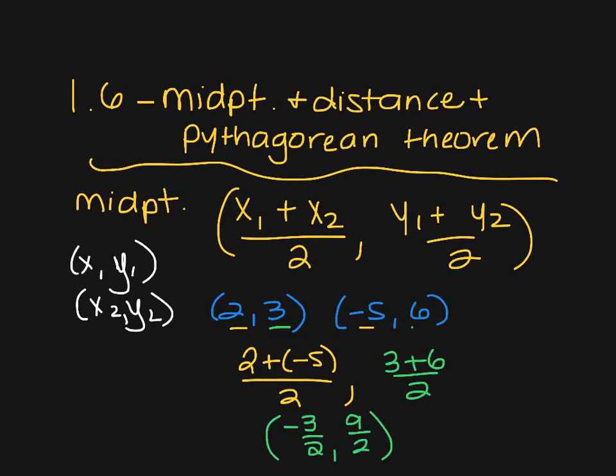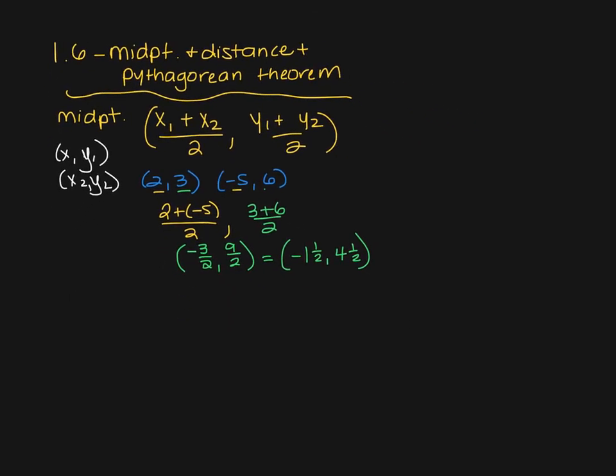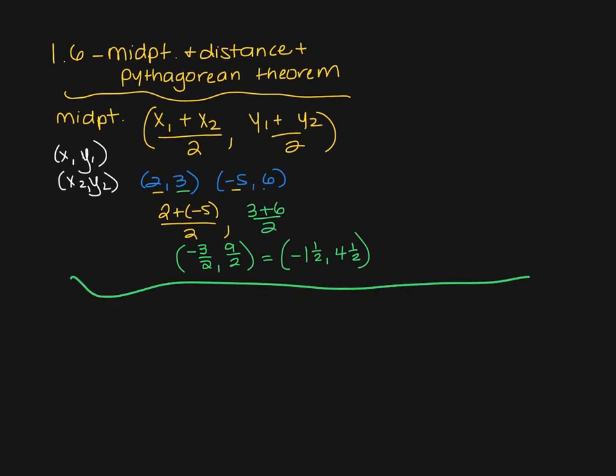And if you could simplify it, you would. And then if not, you can leave it actually as a mixed fraction. So that would be -1 1/2 and 4 1/2. So on your test, they'll either be whole numbers or you'll see it as mixed fractions. And then the second formula is the distance formula.